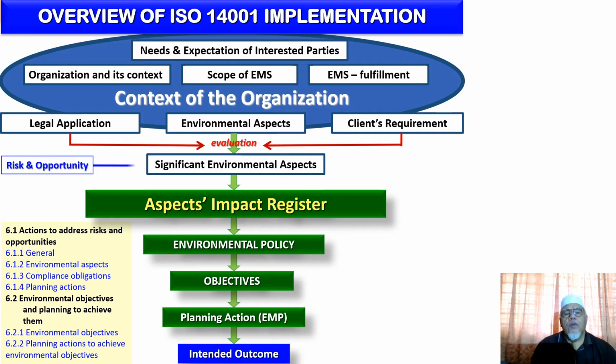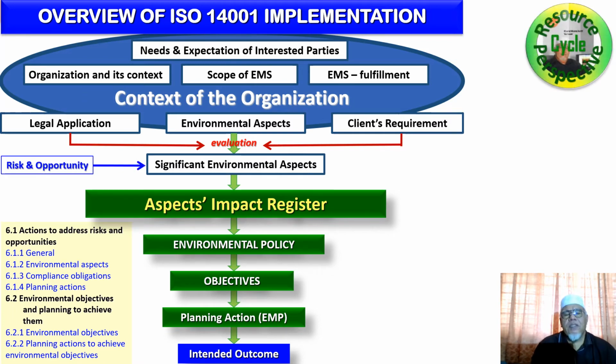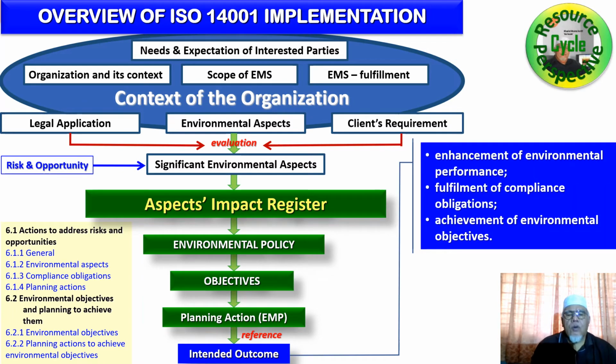But for those of our friends and colleagues who are just about to embark on or review their environmental management system ISO 14001, I believe this map is a very summarized chronology of the implementation of ISO 14001.